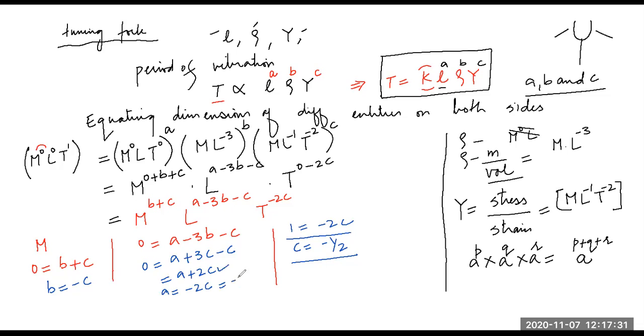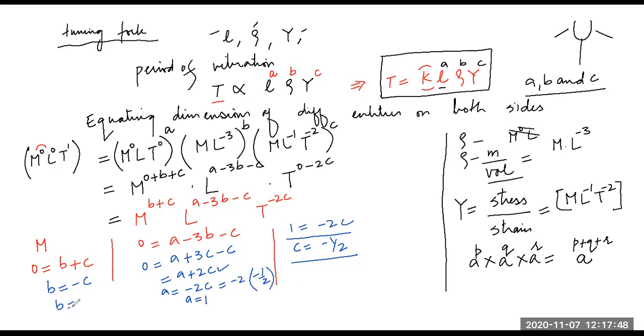So this is equal to minus 2 into what is c? Minus 1 by 2. So a is equal to, yes, Ishma? A is equal to 1. Good girl. So what will be b?